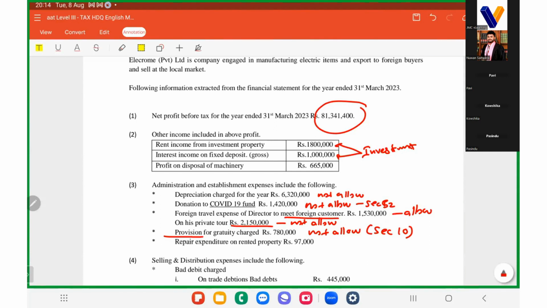The repair expenditure on the rented property should come under the investment income.